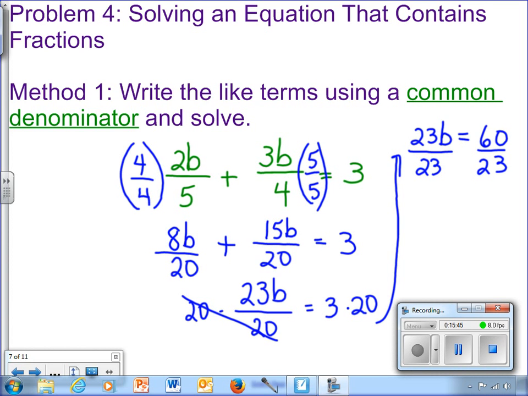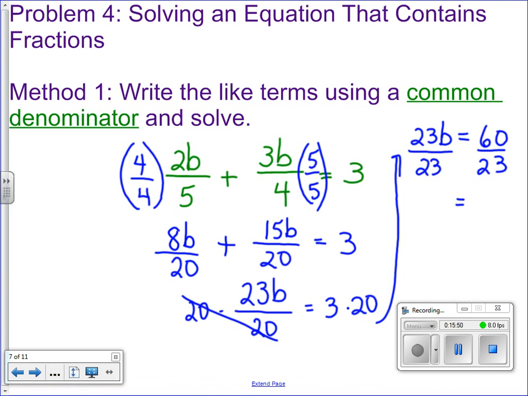All right, in this problem, when I divide 60 by 23, I'm not going to get an exact answer. So you may be asked in the directions in your book to round it to a certain place value. I'm going to round this to the nearest hundredth, and because I am rounding it, I'm going to change my equal sign to is approximately equal to. 23 divided by 23 is 1, so 1 times b is b.